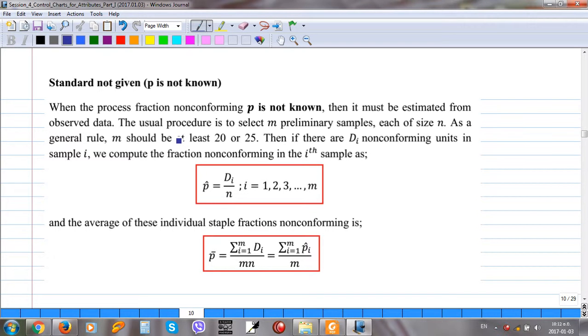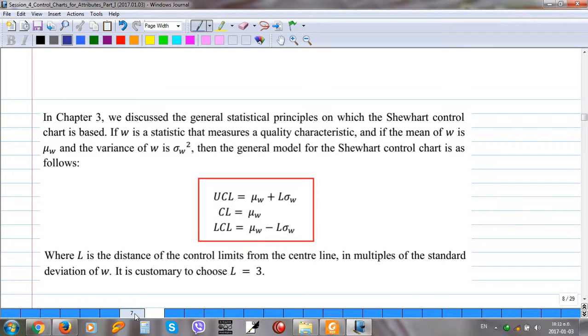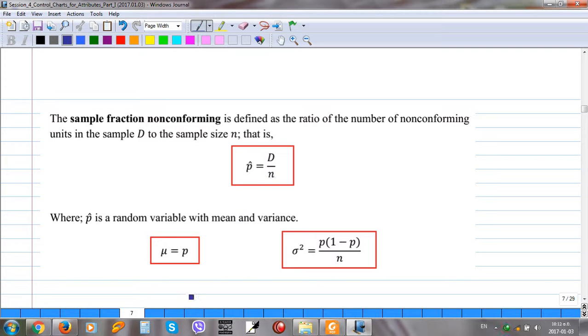But when we solve problems, we select m less than 20 or so. If d i is the number of non-conforming units in sample i, we can compute the fraction non-conforming in sample i from the previous equation, p hat equals d over n.